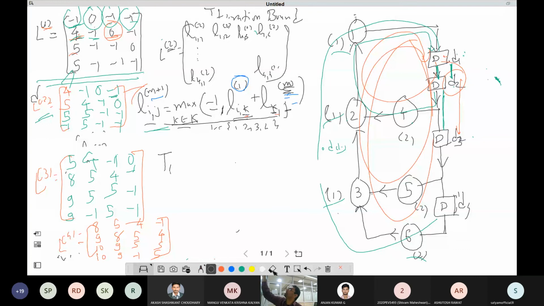Iteration bound is defined by T infinity. This is the iteration bound. The iteration bound equation is the maximum over I, M belonging to 1 to D of L_I of M by M.